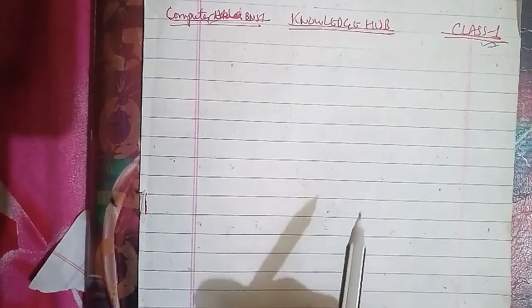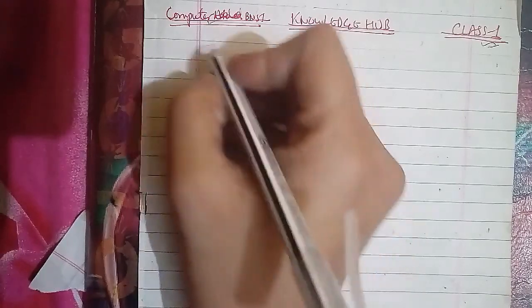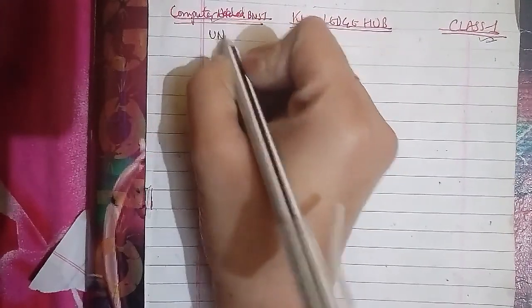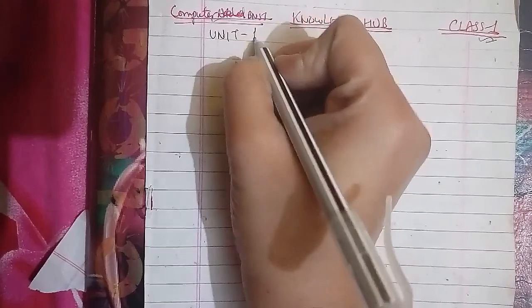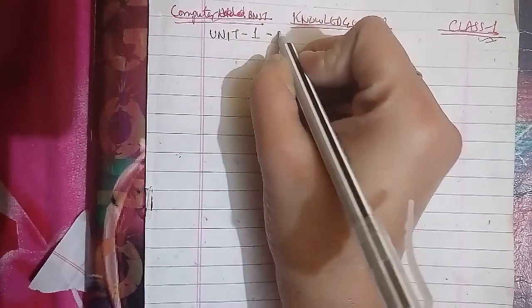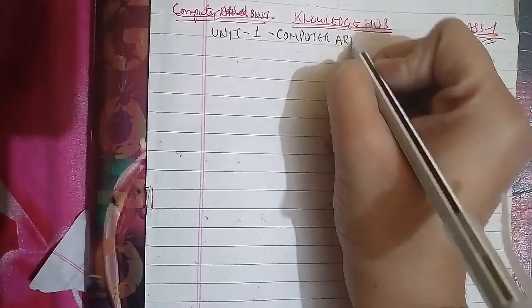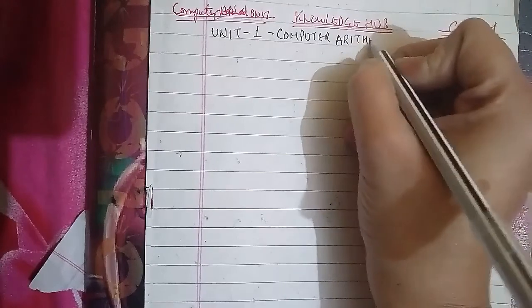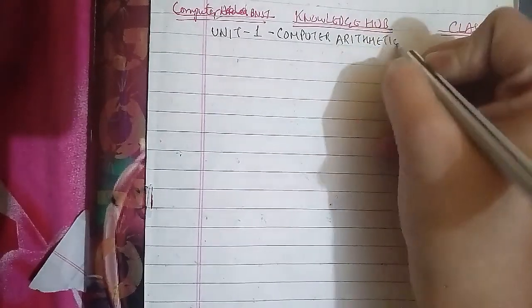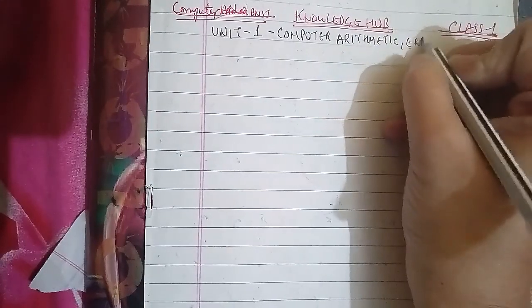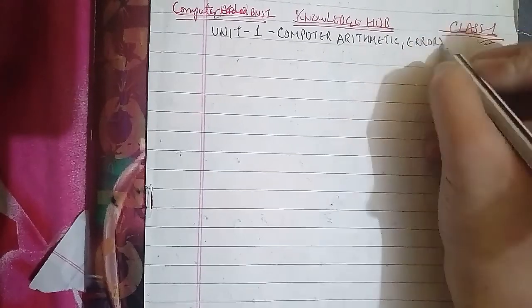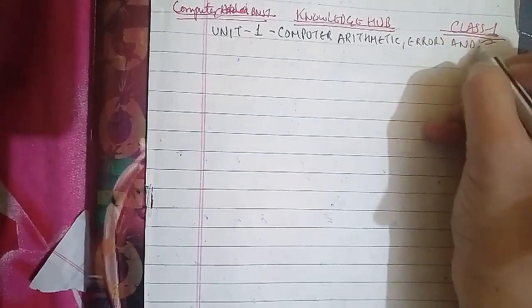We'll start with Unit 1. The name of the unit is Computer Arithmetic, Errors, and Roots of Equation.